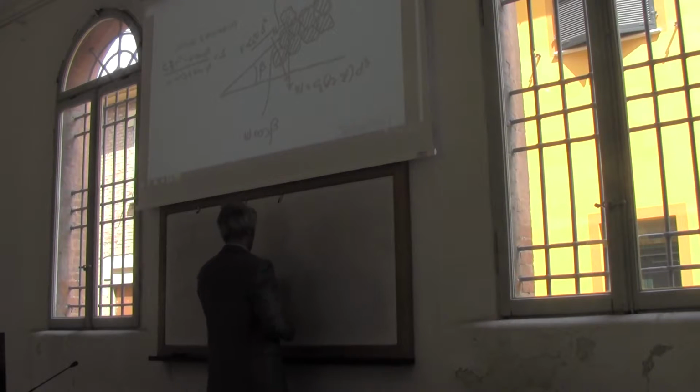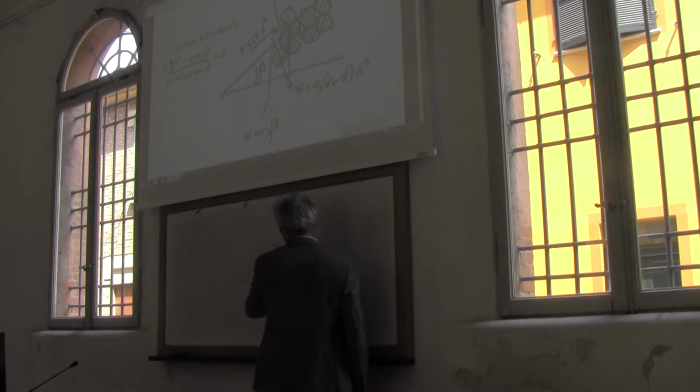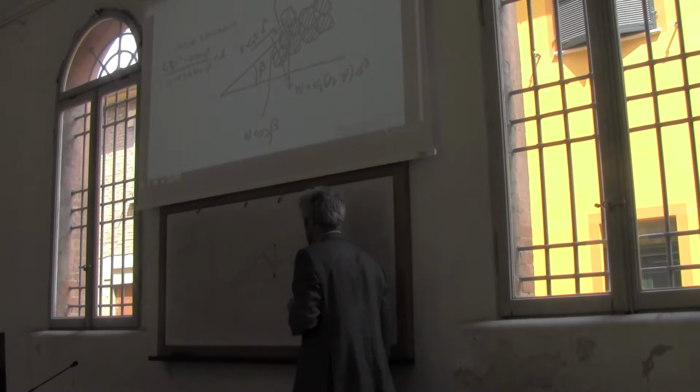So this is our structure. This is beta. And if we look at the weight component, this is W, and we need to get this component here. In order to get this component, we have to multiply W by the cos of beta, and beta is this angle here.